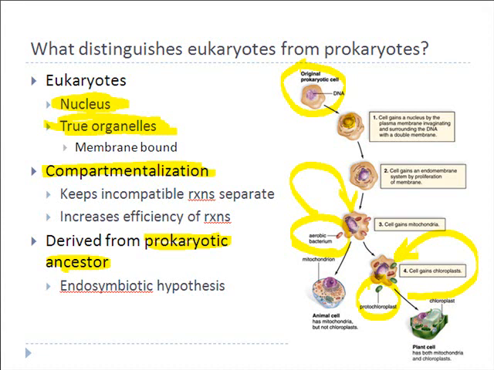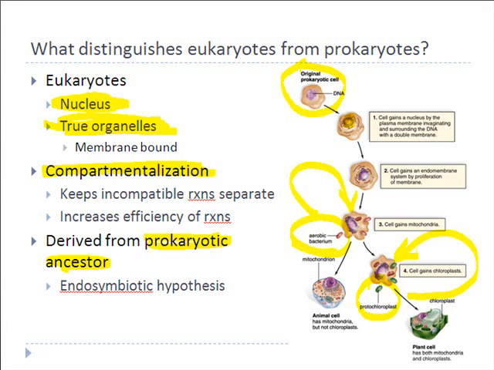So the idea here is that smaller bacteria were incorporated into a larger prokaryotic cell, and rather than being degraded, those tinier cells persisted inside the larger cell and became true organelles.